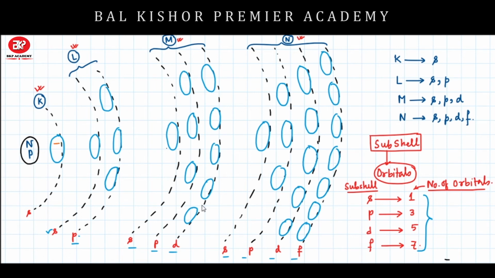So here we can have energy states. These are the energy states. Here also we have two energy states. Here also we have two energy states. Every orbital will have energy states.